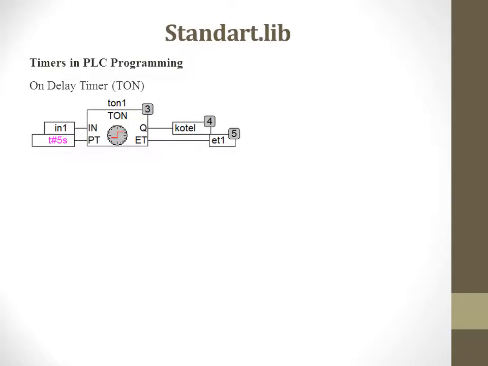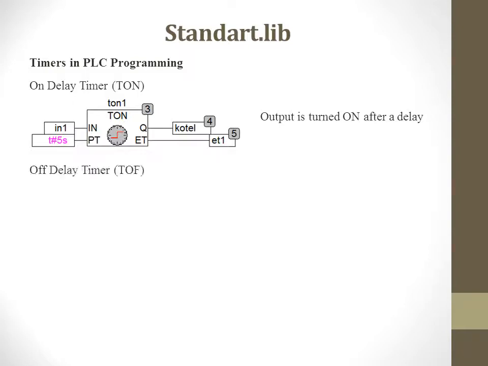And what about its functionality? The output is turned on after a delay. Yes, this output Q will be turned on after the delay. The delay is PT, a time type value.